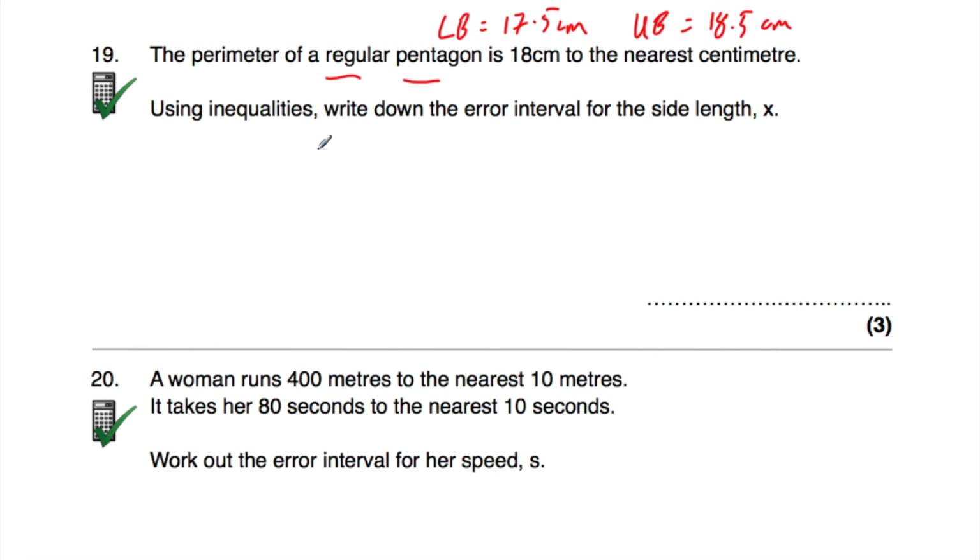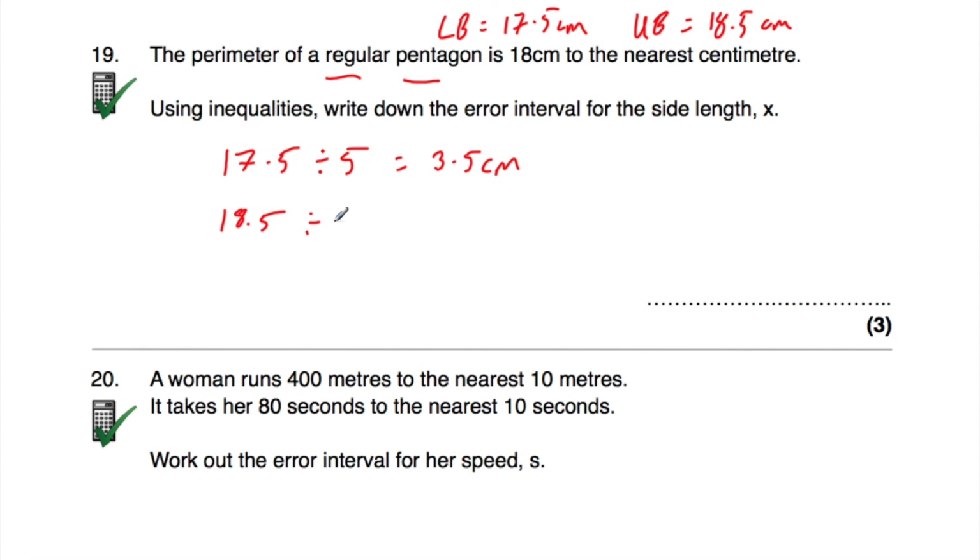So if we consider the lower bound, let's take our 17.5 and divide that by 5, and that would be equal to 3.5 centimeters. So the lower bound for the length of each side would be 3.5 centimeters. Now let's consider the upper bound for the perimeter of the regular pentagon. That was 18.5.